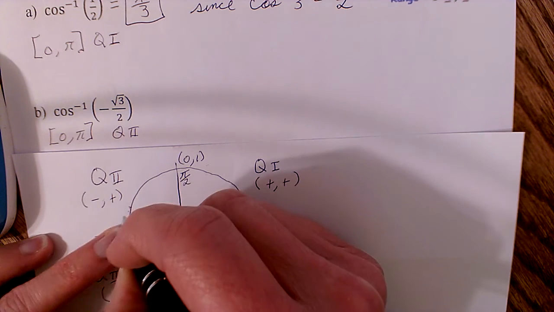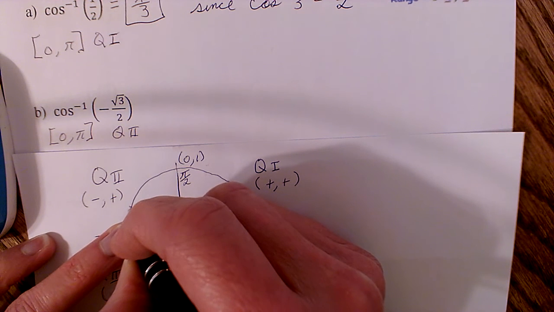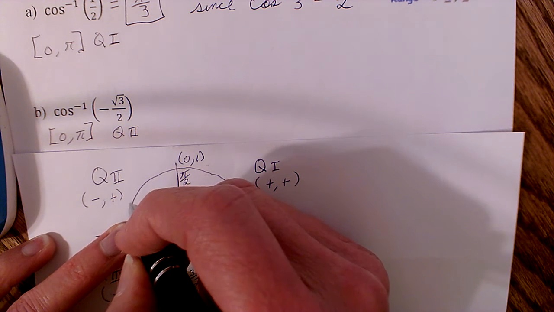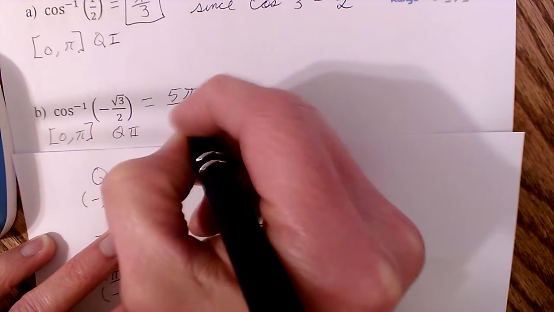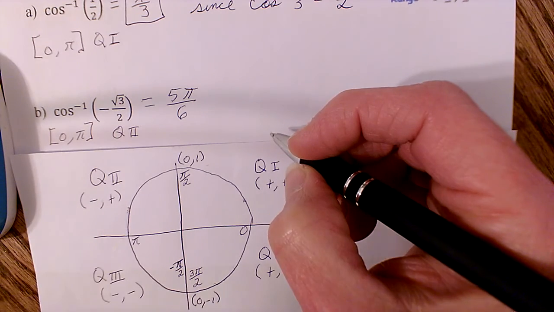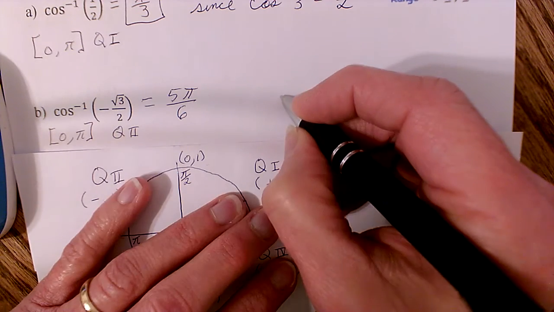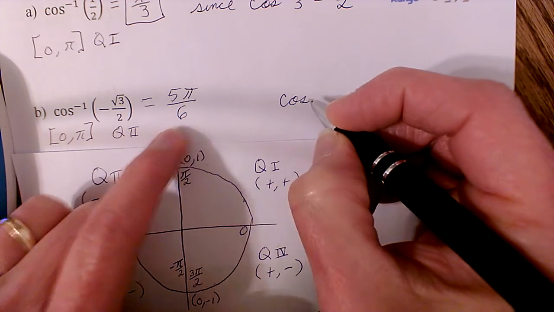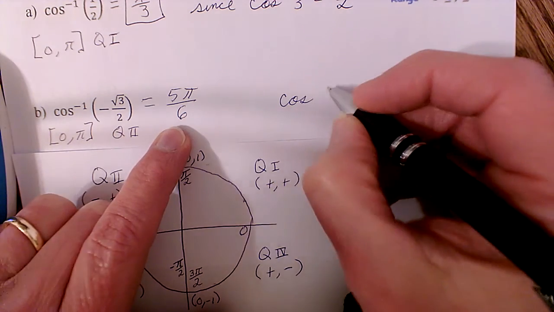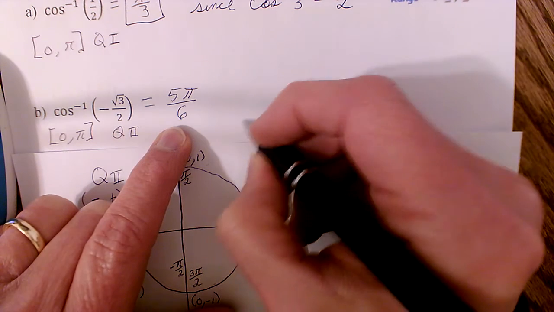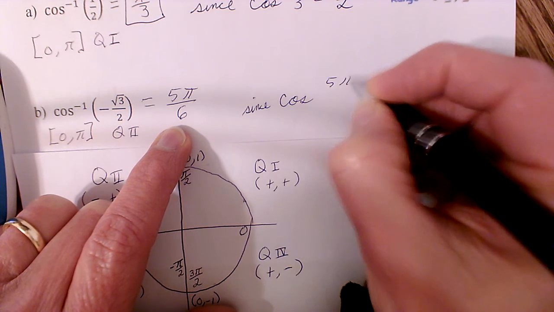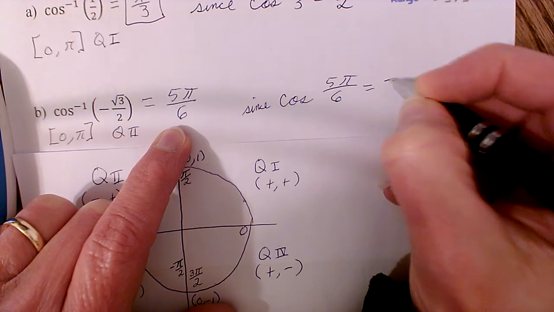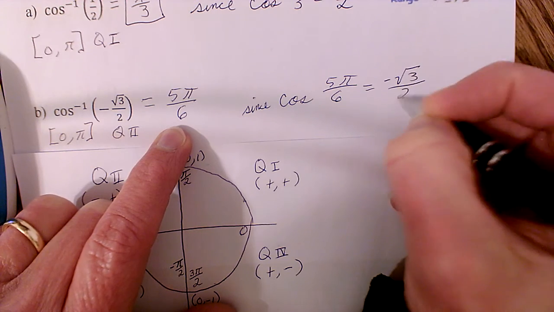And so we're going to want to come over here to 5 pi over 6 to get that point. 5 pi over 6 would give us that. Might be helpful to keep your unit circle with you while you're working some of these, especially when you're supposed to be getting exact values like this. So we know that to be the case since the cosine of 5 pi over 6 is negative square root of 3 over 2.